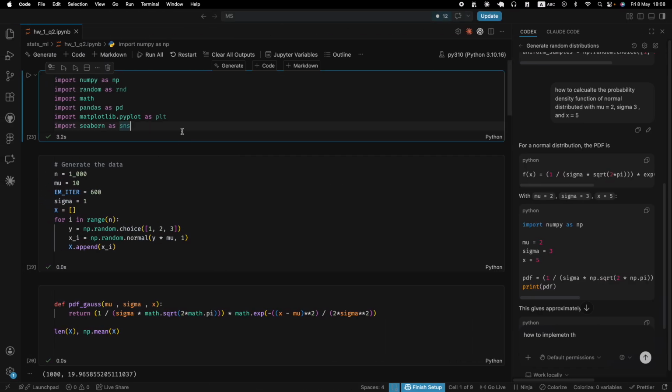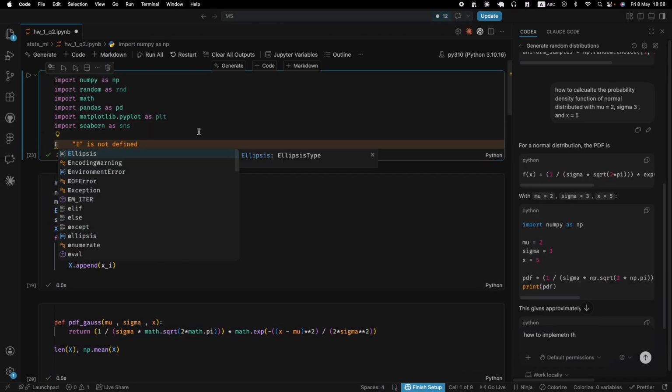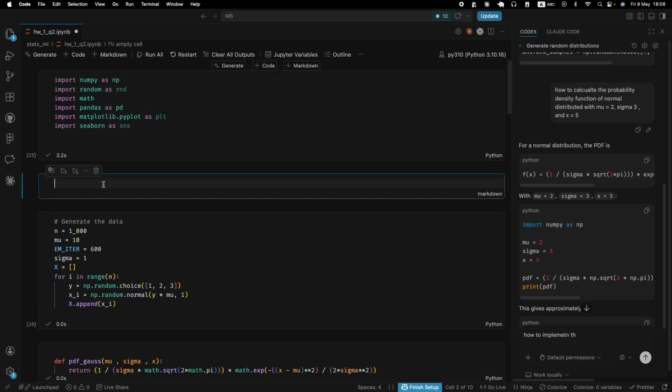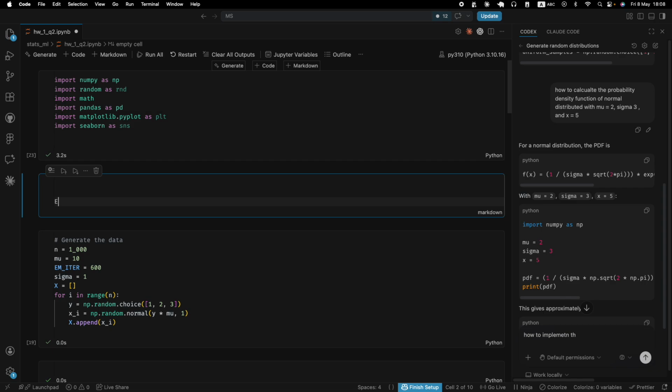So if we know E, I will open a new markdown. If we take E on all the x's, so x1 to xn, what does it mean?